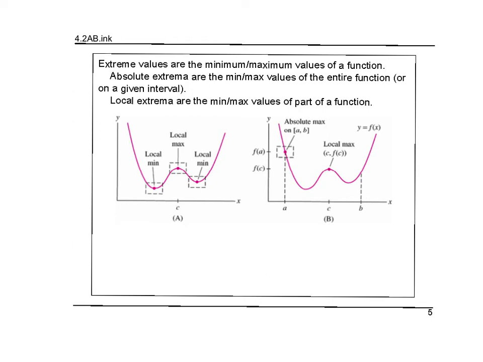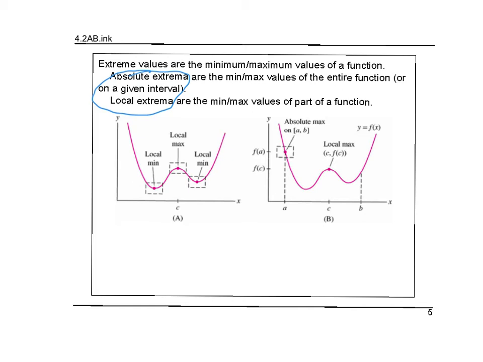So here we're talking a little bit more vocab. So extreme values are the min-max values of a function. Absolute extreme values are the min-max values of the entire function or on a given interval. And local extreme are the min-max of a part of a function. So we're really looking at those two words, absolute versus local. Extreme is kind of that overarching definition. We talk about absolute extrema, right?